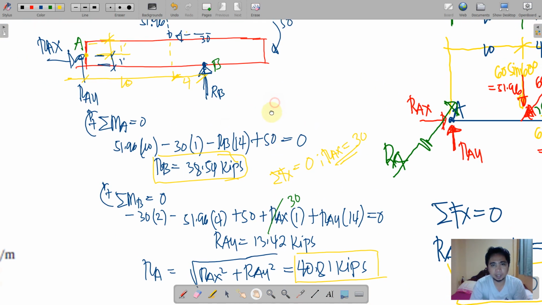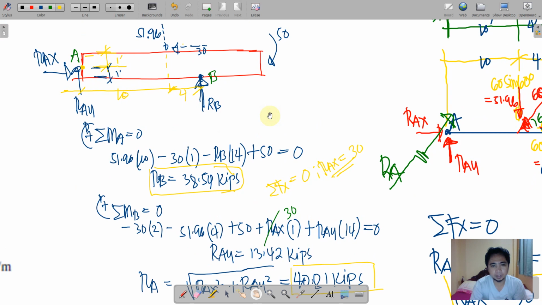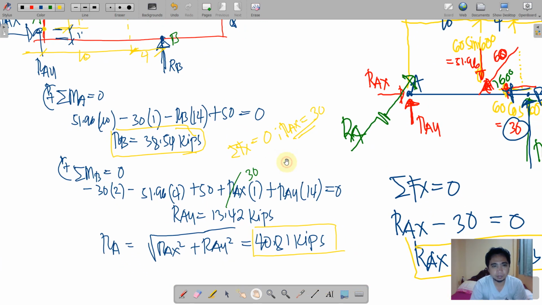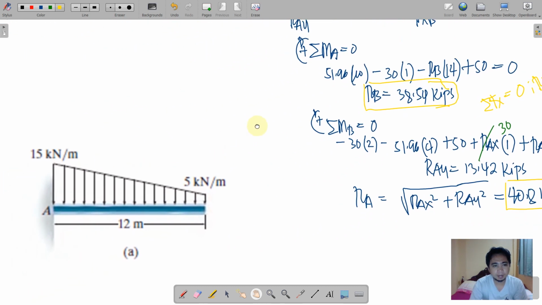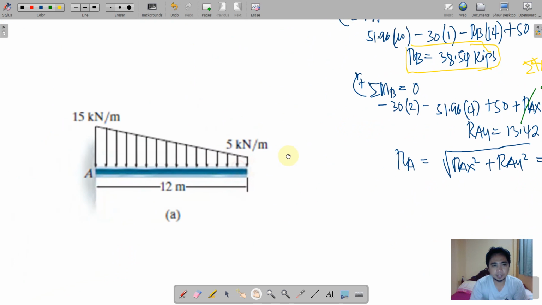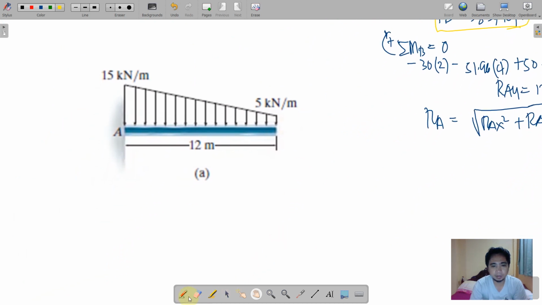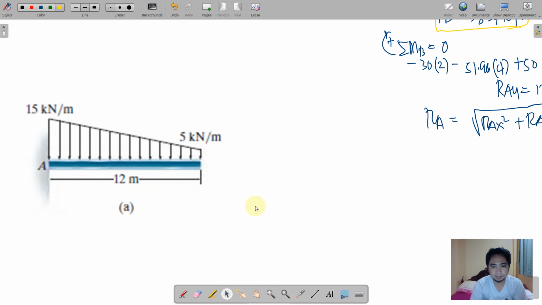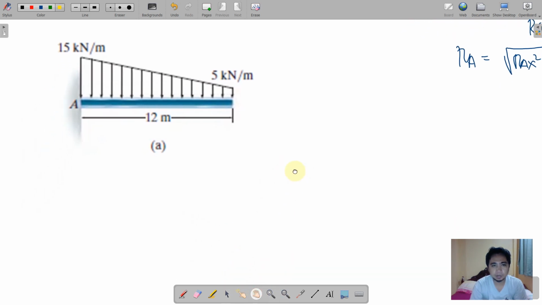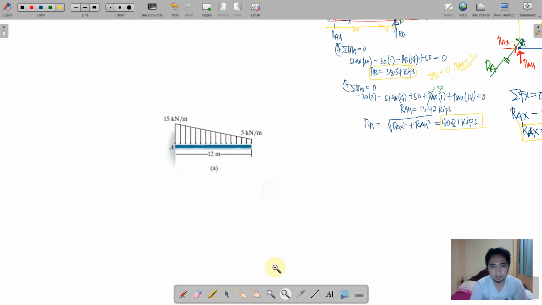Basta pagtiyagaan nyo lang, you just check by the other equation and then employ taking moments in order to come up with equations or the solutions. Okay, so perhaps we can move on to this second example. So we are actually practicing here reaction.